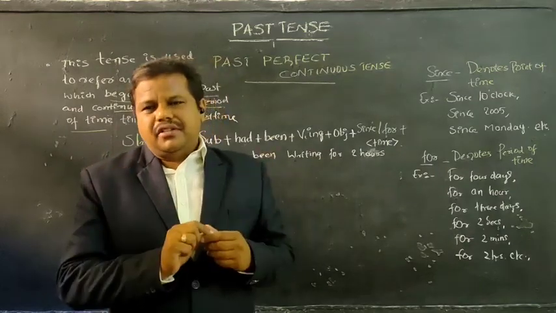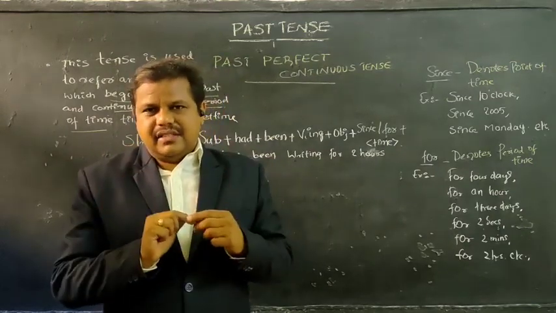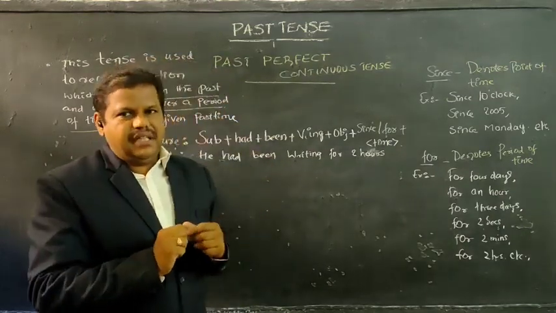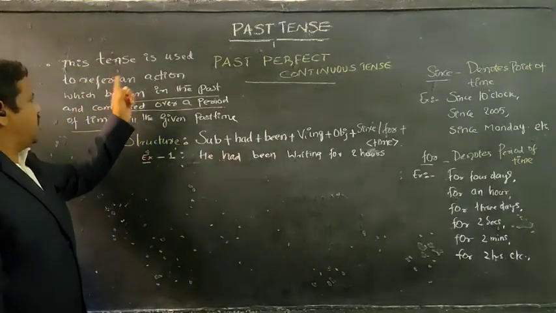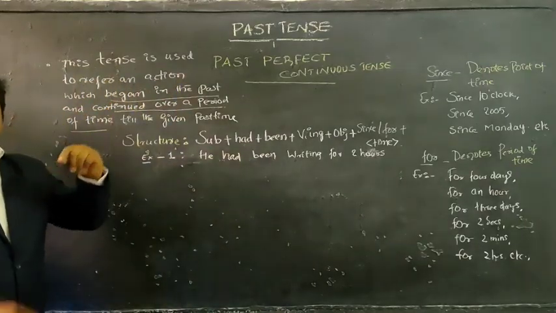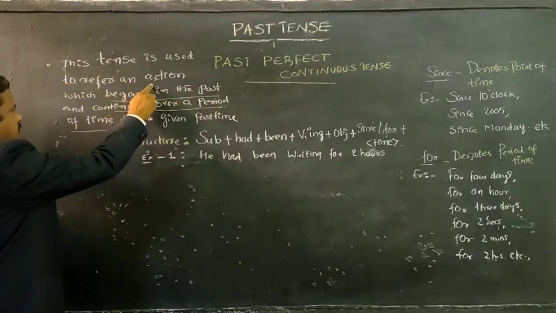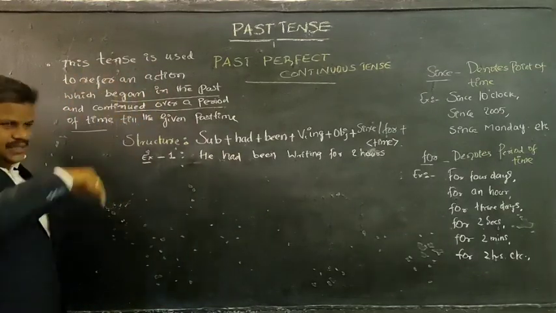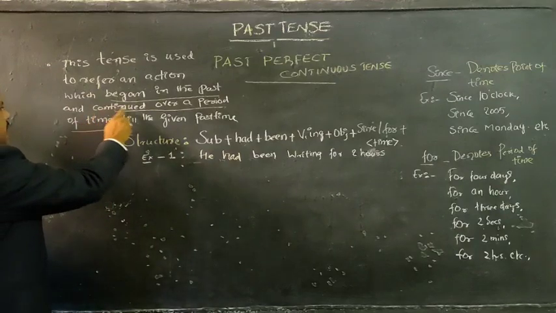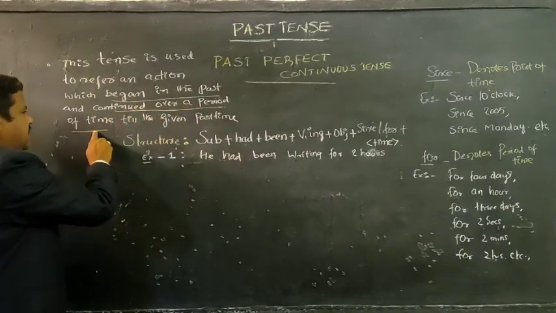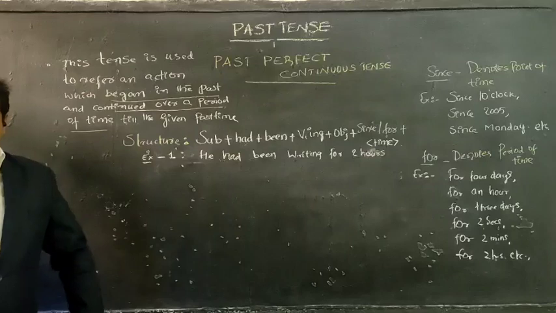Now, today we are going to see the past perfect continuous tense. Let us first start with the definition. What is the definition of the past perfect continuous tense? This tense is used to refer to an action which began in the past and continued over a period of time till the given past time.